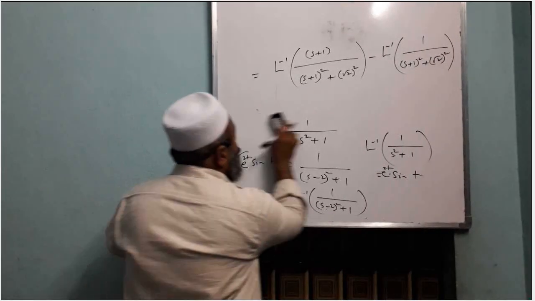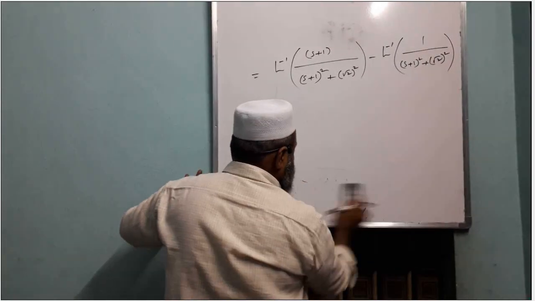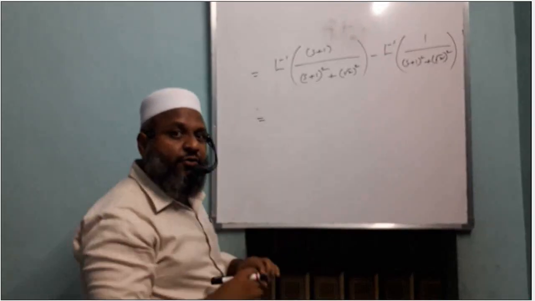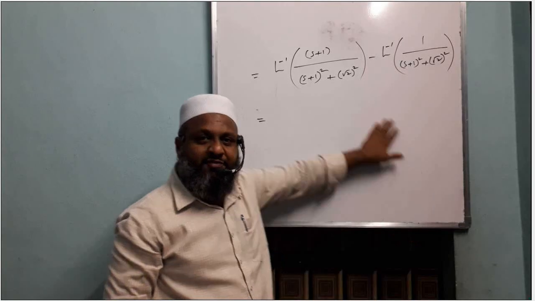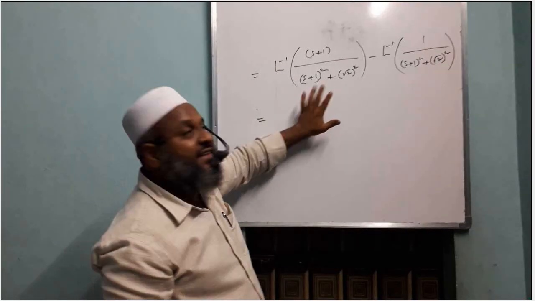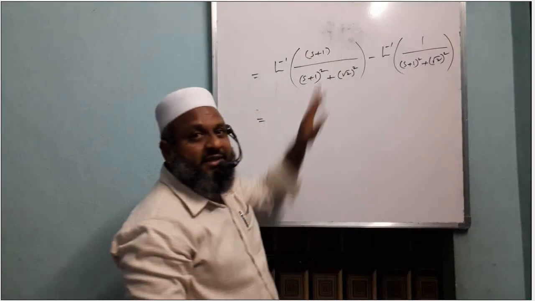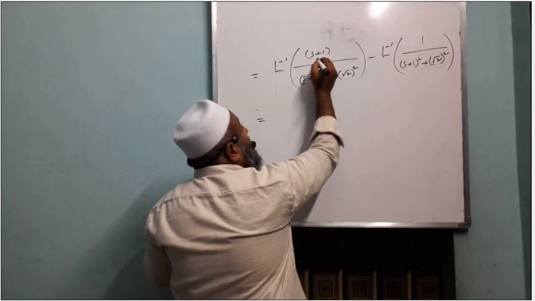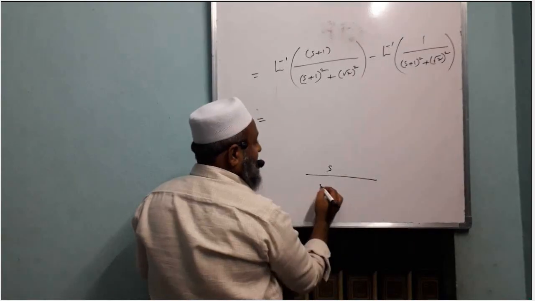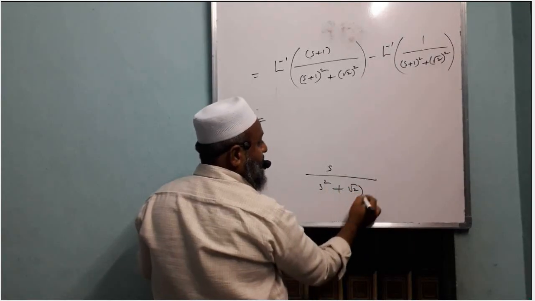Now this is the background. If any problem, come back to this one. Just feel that it is only s, then what comes here is s by (s square plus root 2 square).